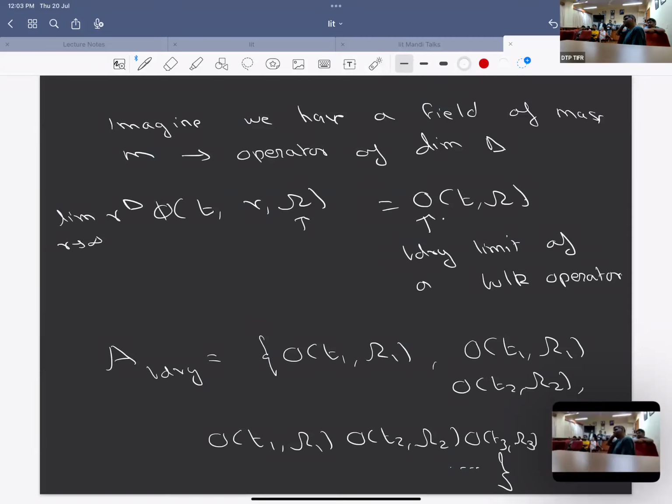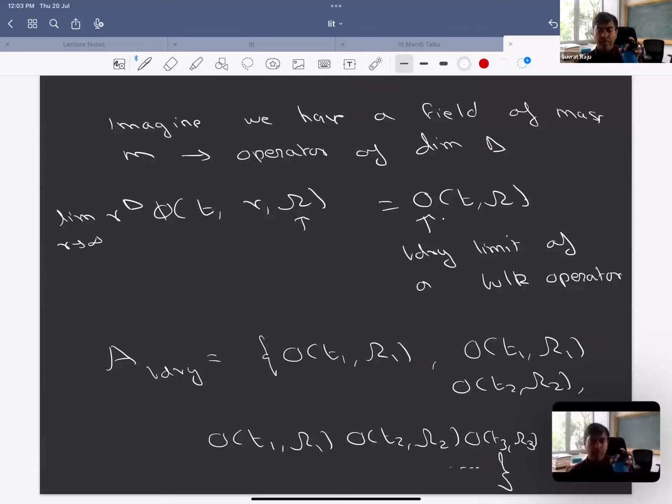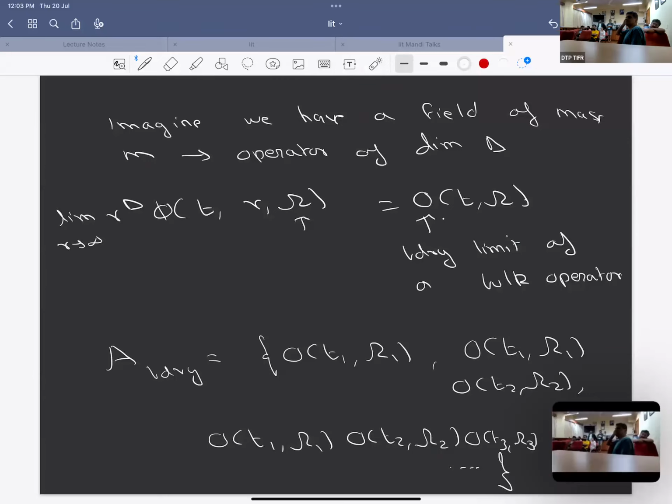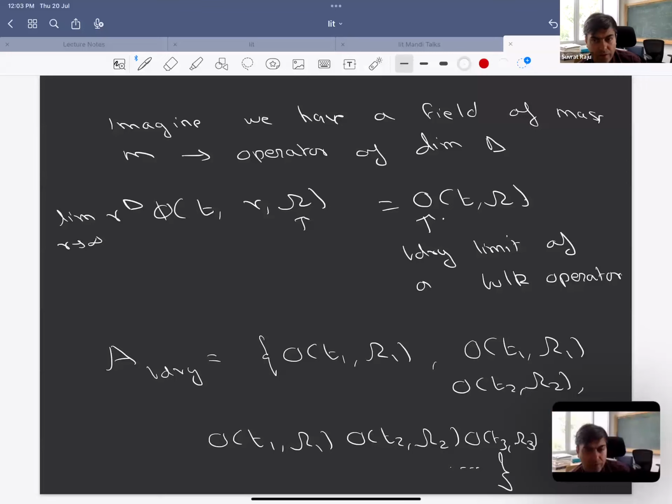Because otherwise, delta depends on the particular partial wave. Delta doesn't depend on the partial wave. Delta is just delta for the field. It's just delta times delta minus D is M squared. So delta is just D by 2 plus the square root of D by 2 squared plus M squared. This is just the delta of the primary field.